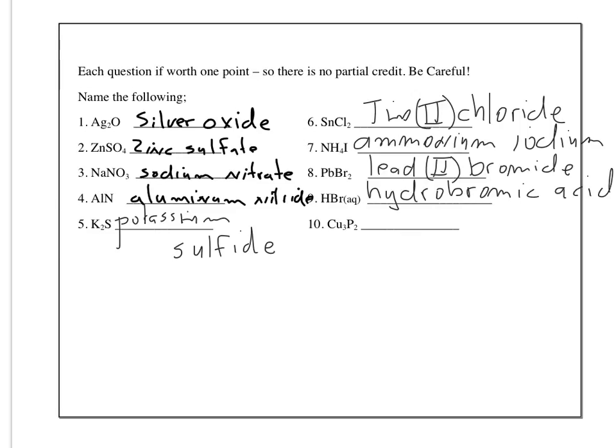Okay, so for this next one, phosphorus, when it's negative, is -3, and copper has 2 charges, so in this case it's the copper 2 form. So we would say copper(II), and then remember, don't say phosphate, phosphide, okay, like that.